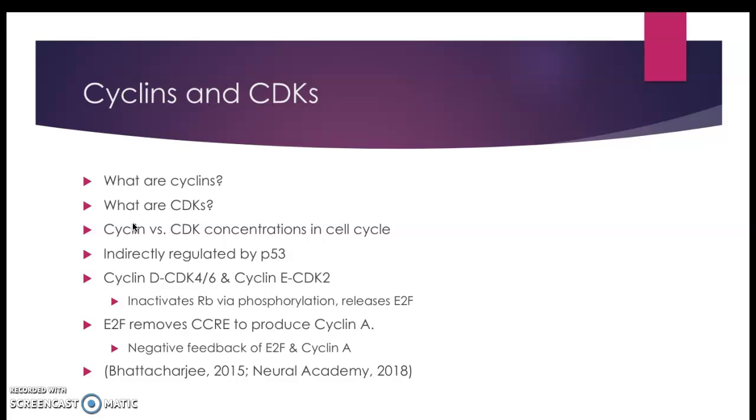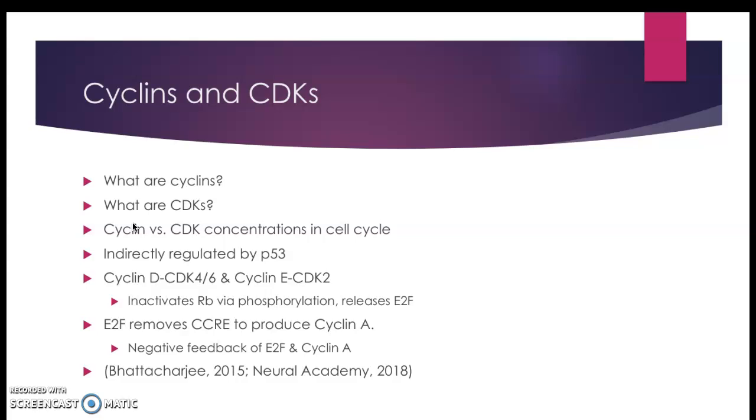And RB loosens its grip on E2F, and then a new CDK-cyclin complex, cyclin E CDK2, comes in, and that further phosphorylates RB to inactivate it and fully release E2F. So this allows the cell cycle to progress from G1 in that transition towards the S phase.